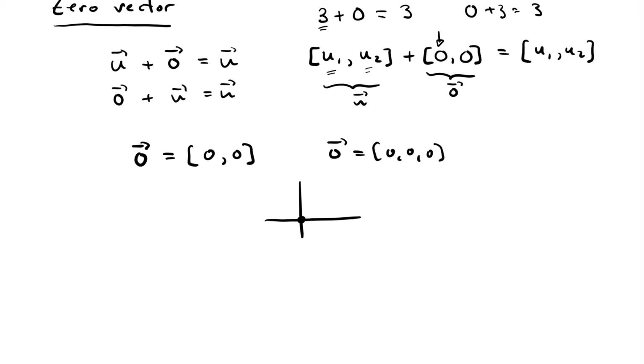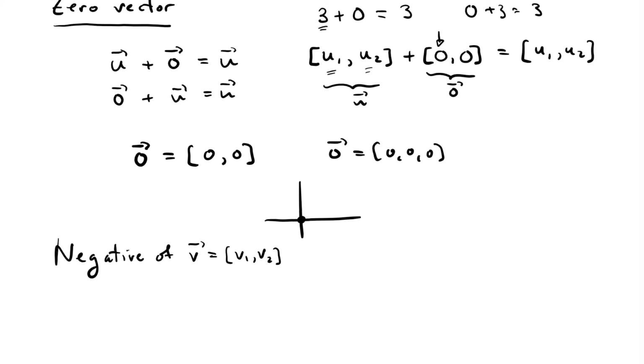After that, we can use the zero vector to define the negative of a vector. Negative of, let's say, a vector v. Let's work in R2. What's the negative of a vector? So for this, we need to remember what's the negative of a number.